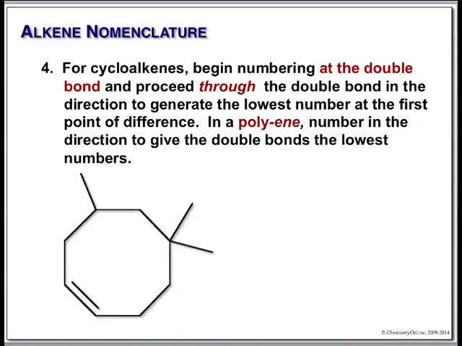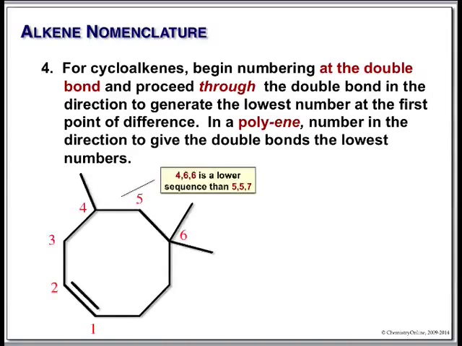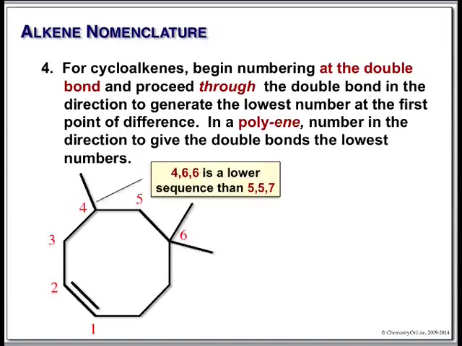So we know that either this or this is going to be 1 and 2, right? We know that. We simply have to decide, are we going to go clockwise or counterclockwise? If we go clockwise, we would have 1, 4, 6, 6.